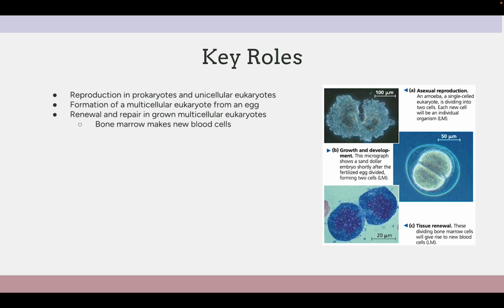For example, in our bodies, the bone marrow is continually making new blood cells. That's an important place. And you can just see in these pictures kind of all of these functions. You see reproduction for this amoeba. You see growth for this sand dollar embryo, and tissue renewal in the blood marrow, or the bone marrow.